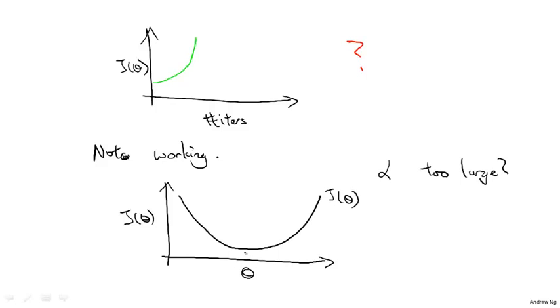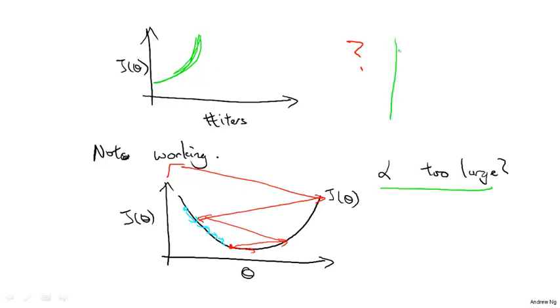If the learning rate is too large, then even if you start fairly near the local minimum, one iteration may overshoot, and then the next iteration can overshoot even more, and even more, so that instead of going downhill like we would like gradient descent to do, it ends up with this growing oscillation that causes J of theta to blow up. So using a learning rate that's too big can cause J of theta to blow up.